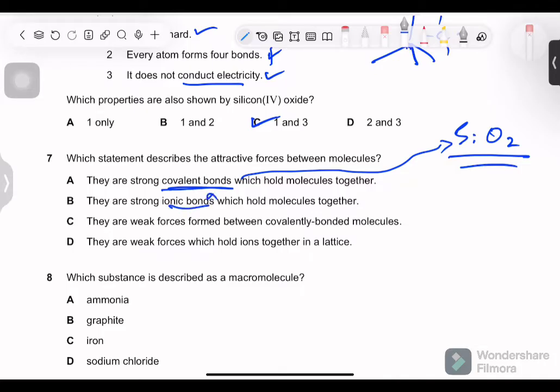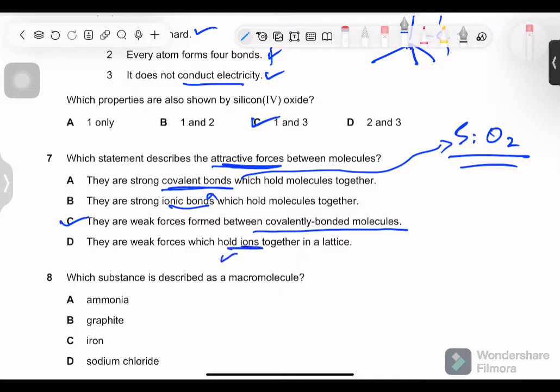They are weak forces of attraction between covalently bonded molecules. Whenever attractive forces are mentioned, you always go for weak forces, because a strong covalent bond is not an attractive force, it is a bond.